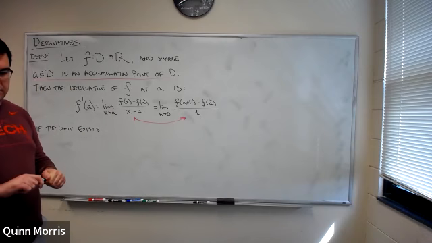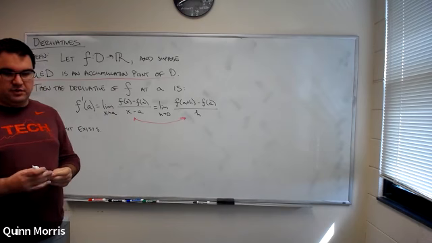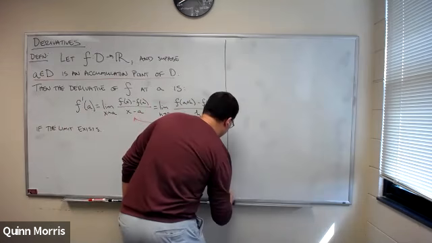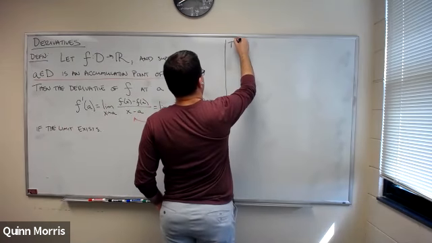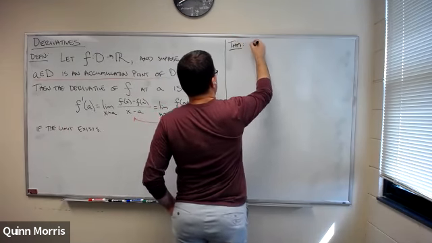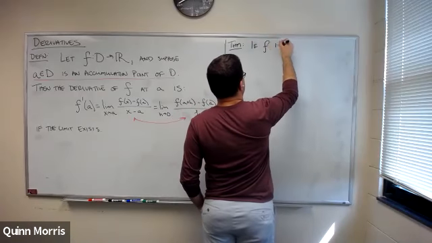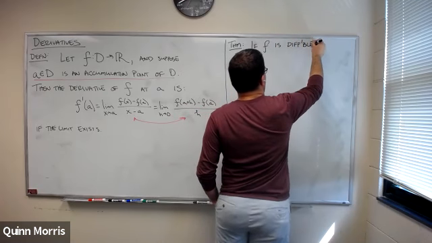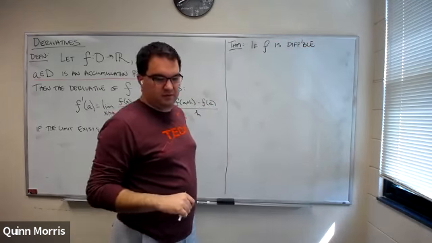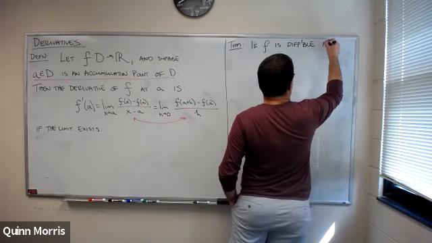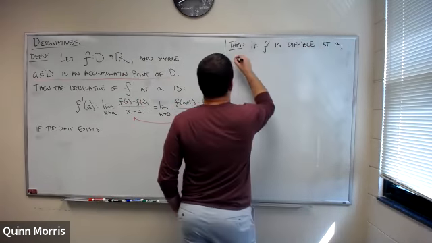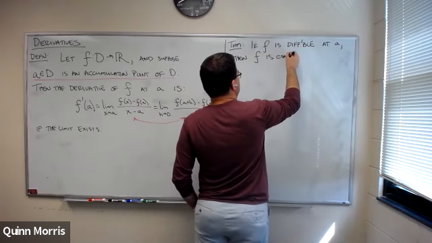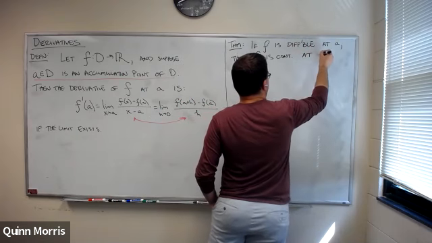All right, perfect. So now what we really want to focus on is, if I have a differentiable function or if I know something about the derivative, what more can I do? And the first very quick theorem that we get here is: if f is differentiable, and I'll often just abbreviate differentiable in that way, so if f is differentiable at a, then f is continuous at a.